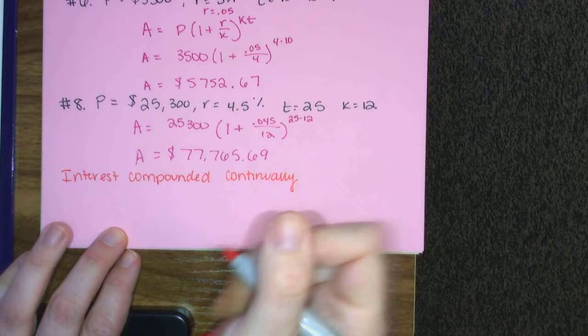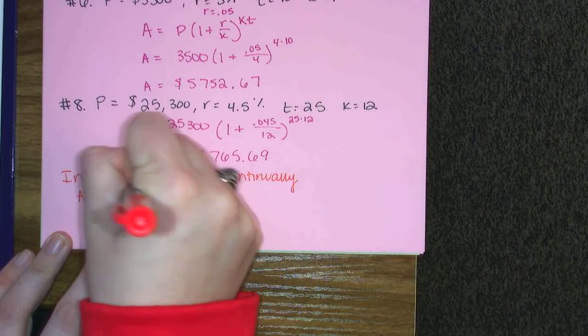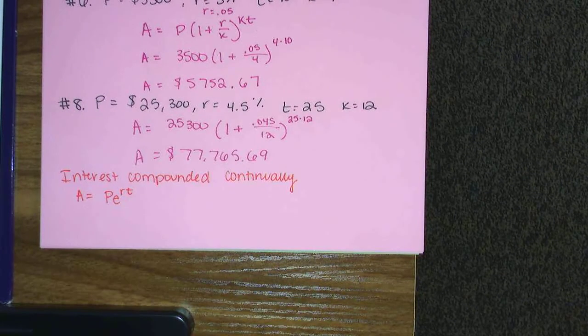And that formula is A is equal to P e to the RT. Yep. So, that being said, I would start memorizing these formulas because we still have more that we're going to get tomorrow.